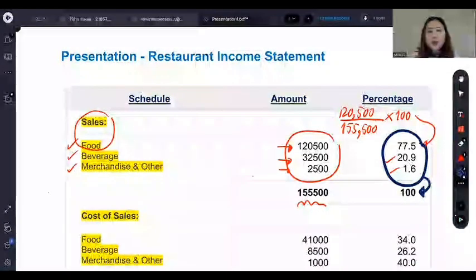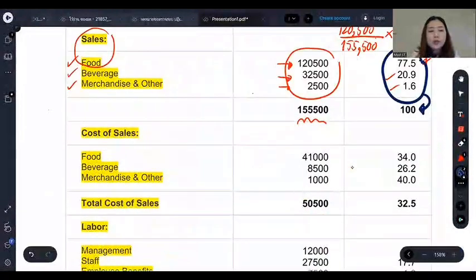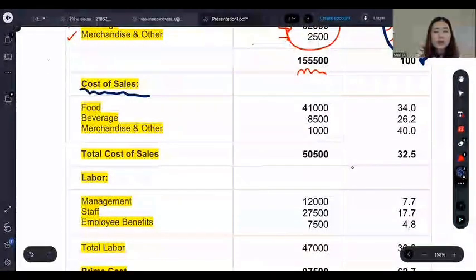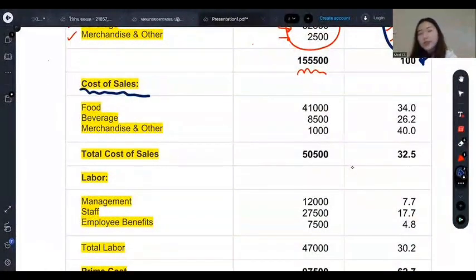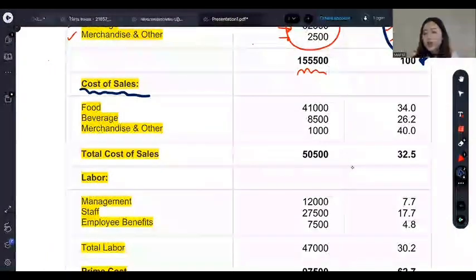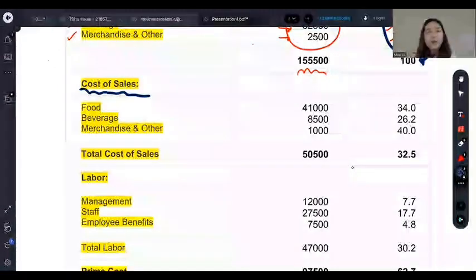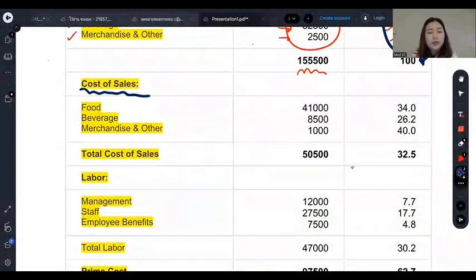So the next one, we will move to the cost of sales. The cost of sales over here indicates how much our restaurant spends on food, beverage, and merchandise and other to sell them.